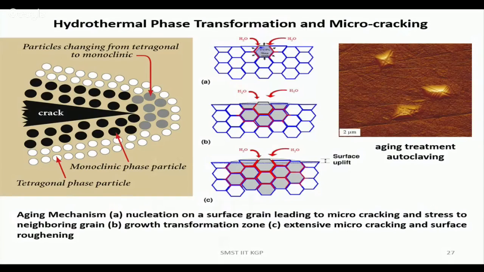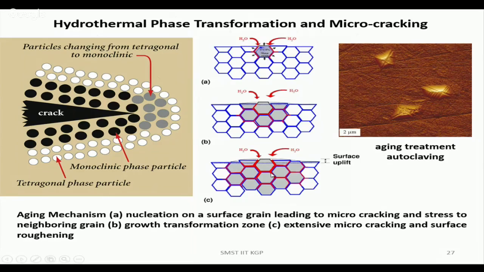So what is the cause? What you see here is that if you simply take a zirconia implant and go for autoclaving, you see some kind of pit or corrosion-type of thing. But ceramics don't have that much corrosion. What they found is a phenomenon called hydrothermal phase transformation and eventual microcracks. In vivo conditions are not like room temperature.